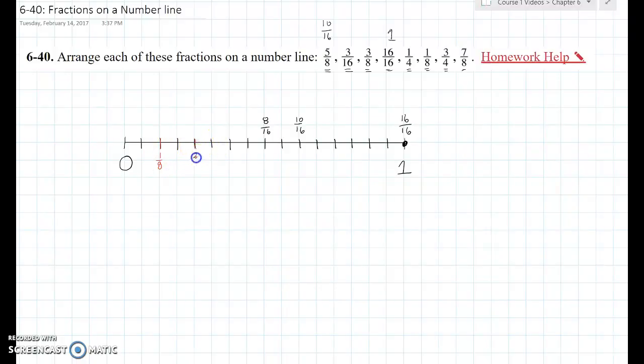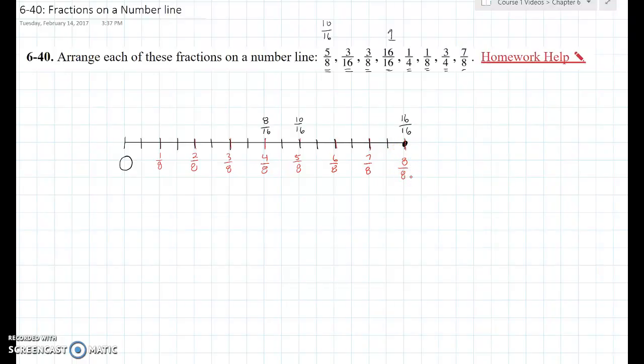This would be 2/8. This would be 3. Half is 4/8. This would be 5/8. This is 6/8. And this is 7/8. And then 16 is, this would be 8/8 right here. 1 whole would be 8/8.